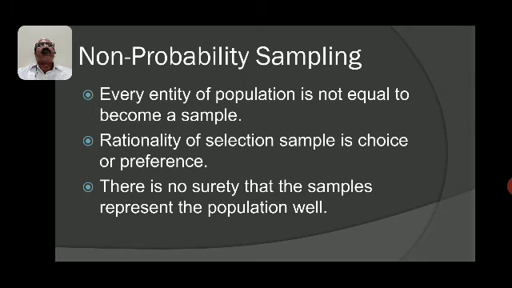So biasness is always there, but it can be minimized. There is no surety that the samples represent the population well. Suppose we have taken the upper side range, then our result will be skewed. If you have taken the lower side groups, then again it is also skewed.